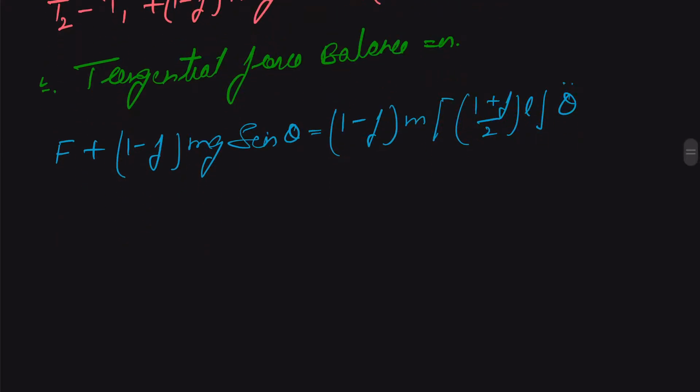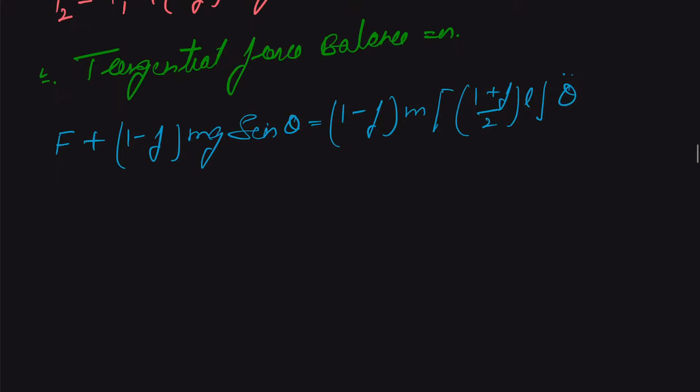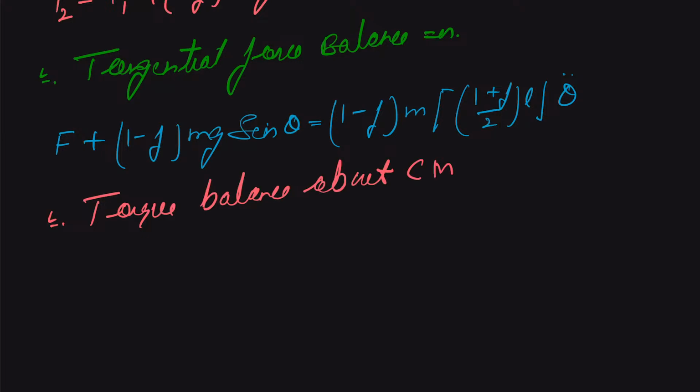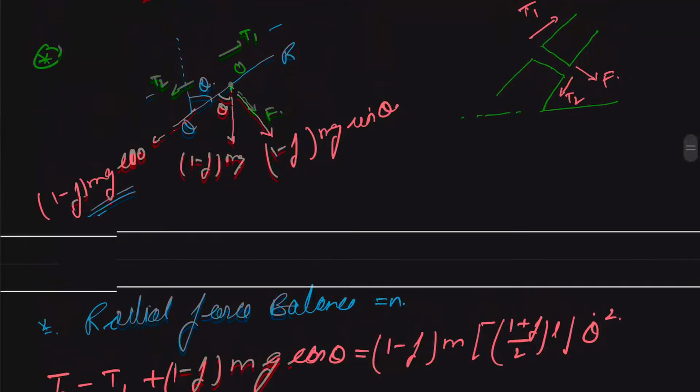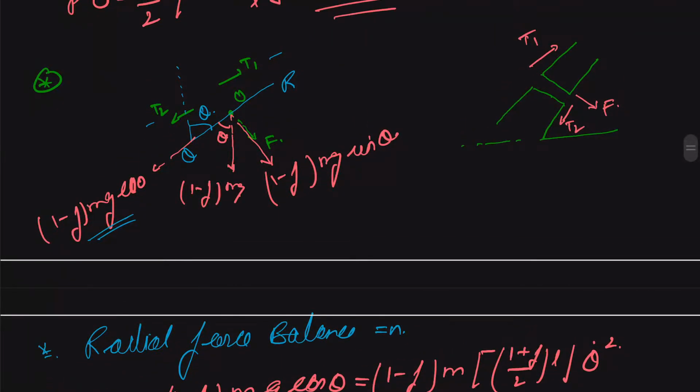Torque. Therefore we can write the torque balance about the center of mass of the top part, and the top part is nothing but QR. We have two forces, tension forces rather, T1 and T2, and we assume that the total distance is about 2r.